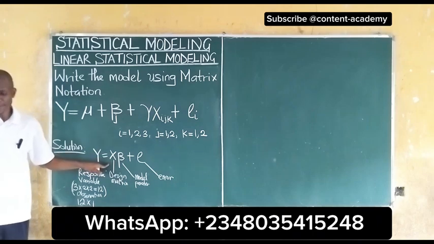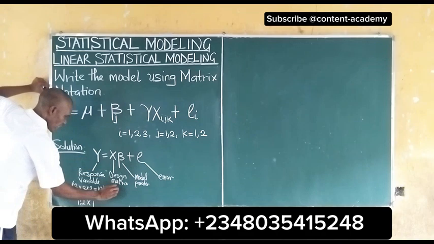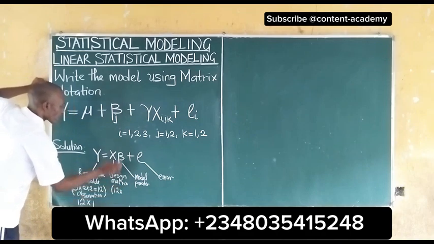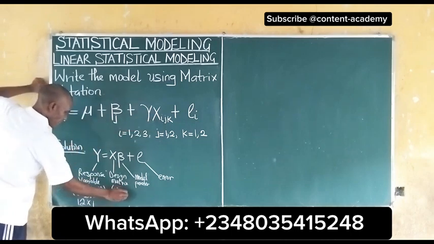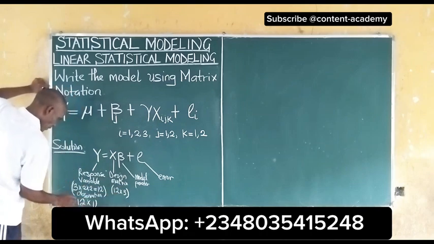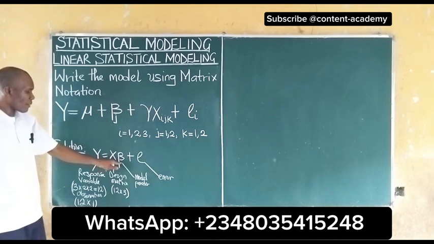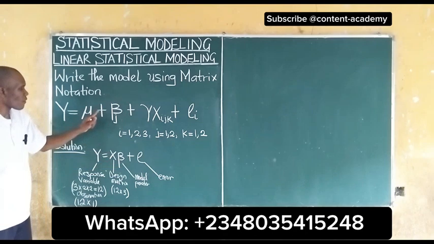Now, how about the x? The x, as we can see, is a 12 by 3 matrix. How about our b? Our b is a 3 by 1.